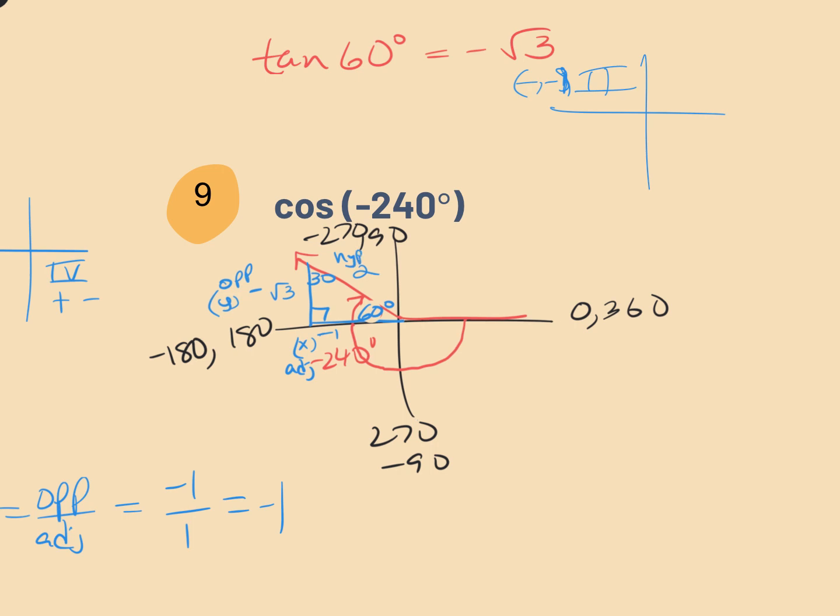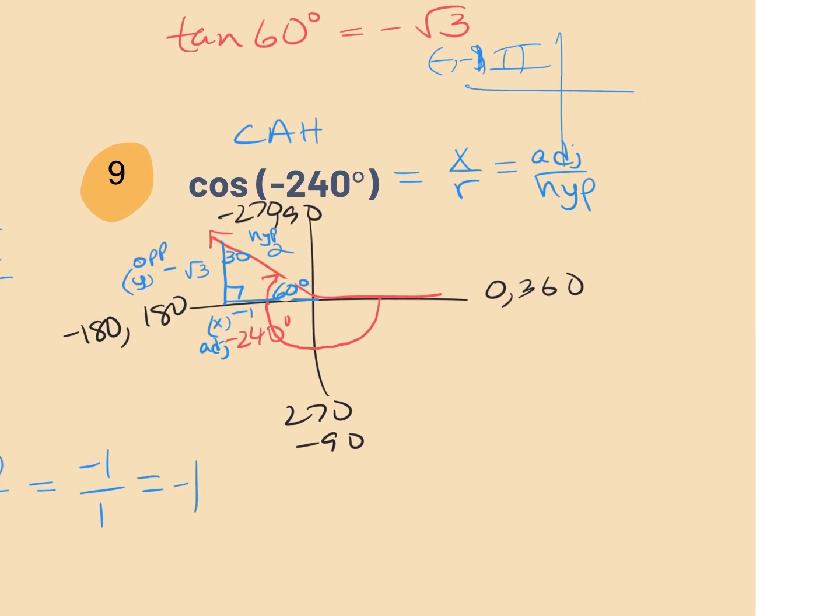So for cosine, you're either going to memorize it as x over r, or adjacent over hypotenuse if you're using your acronym of SOHCAHTOA. So once I fill that in, my adjacent or my x value is negative 1 and my hypotenuse is positive 2. And again, you can simplify it and put the negative sign in front or just leave it like that. So that would be the cosine of negative 240 with a reference angle of 60 degrees.